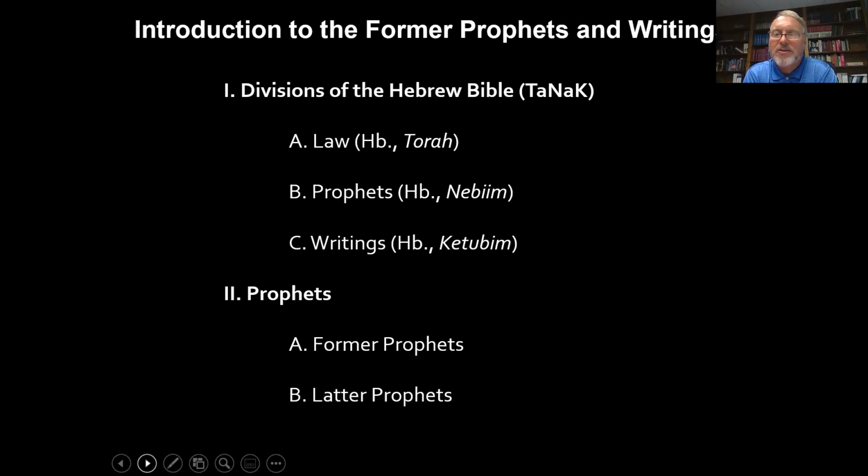And the little A's that are inserted are vowels, which vowel pointings are added to the Hebrew consonants to give us the nuances of meaning. But the word Tanakh is just an acronym, really, to help you remember Torah, Nevi'im, and Ketuvim. These three sections are the way that the Hebrews divide their Bible.